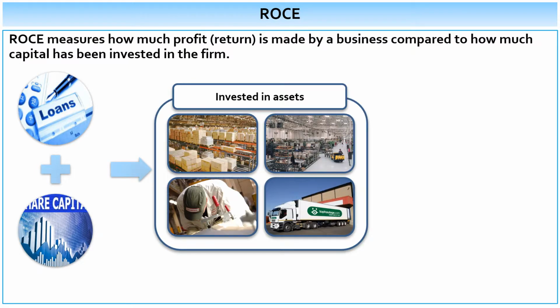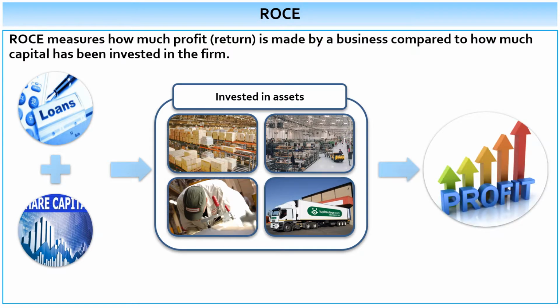And this money has been used to buy stock, to buy lorries, machinery, factories. It's been invested in assets. And then what we want to do is, well, how well has this been invested? That's what we want to measure. So we're going to look at the profit, the return we're getting from the business, which will give us an indication of how well this money has been invested in assets.